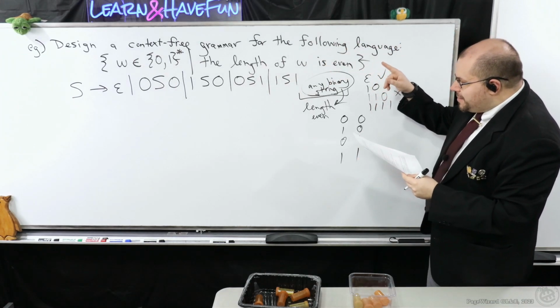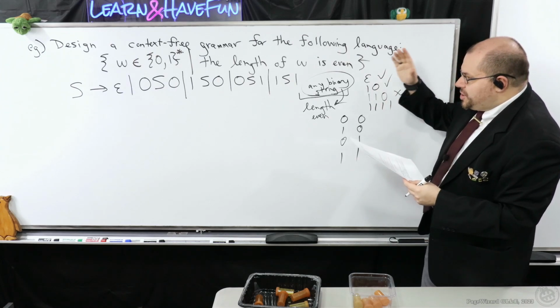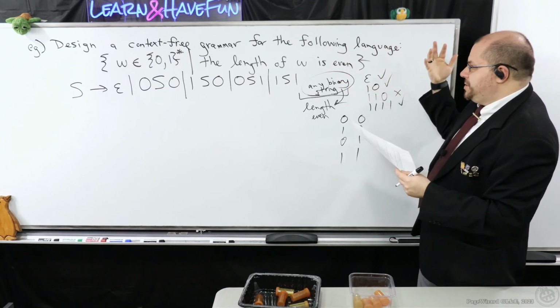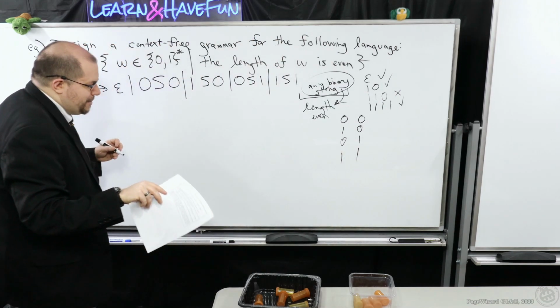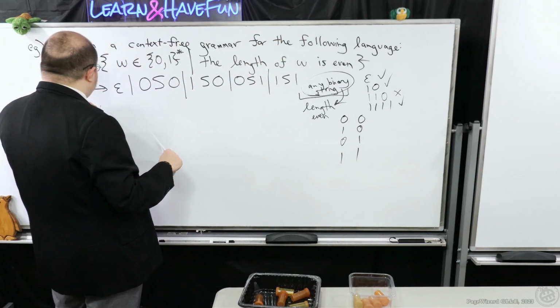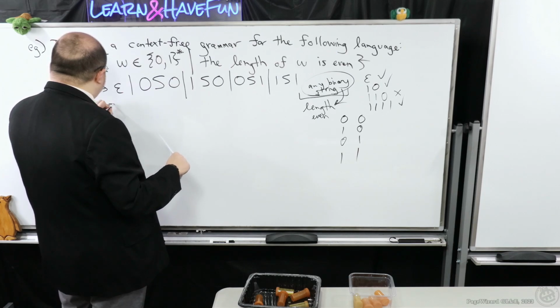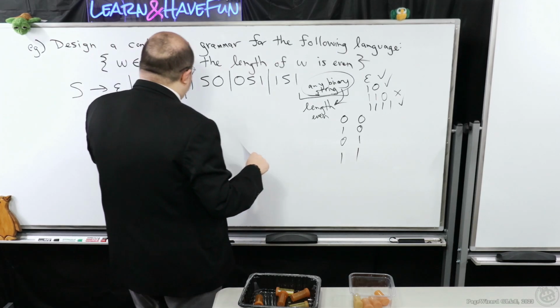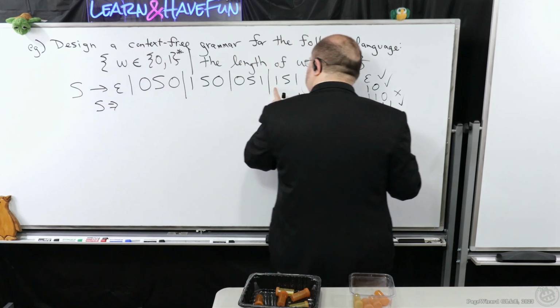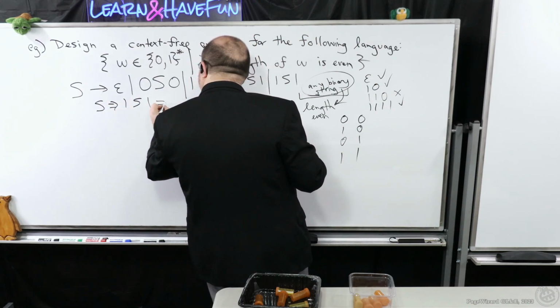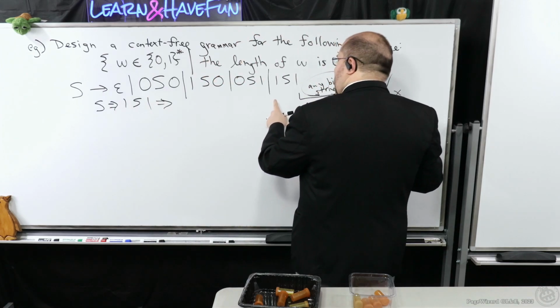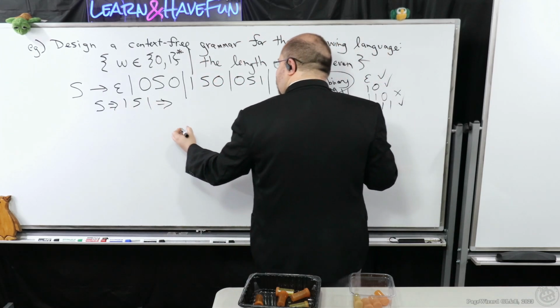Just as an example, if I wanted to produce a string for you to illustrate my concept here: if I were to start off with S and apply this production rule right here, I get 1, S, 1. Then I could apply maybe this one right here.